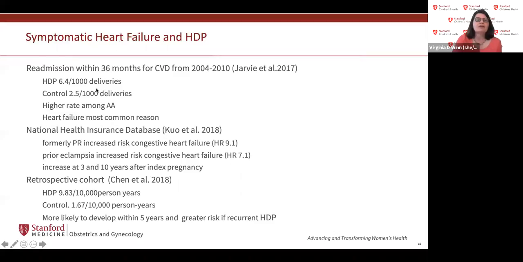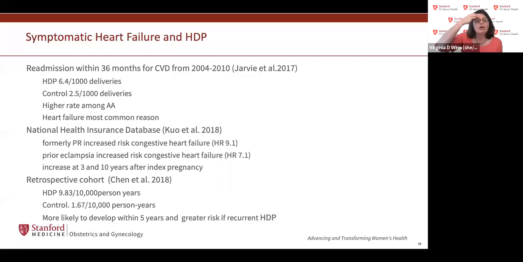What they found was that the readmission rate in the normotensive pregnancy population was 2.5 per 1,000, but for hypertensive diseases of pregnancy it was elevated at 6.4. They noted a higher rate of readmission among African Americans, and the reason for readmission in 70 to 80% of these cases was heart failure.